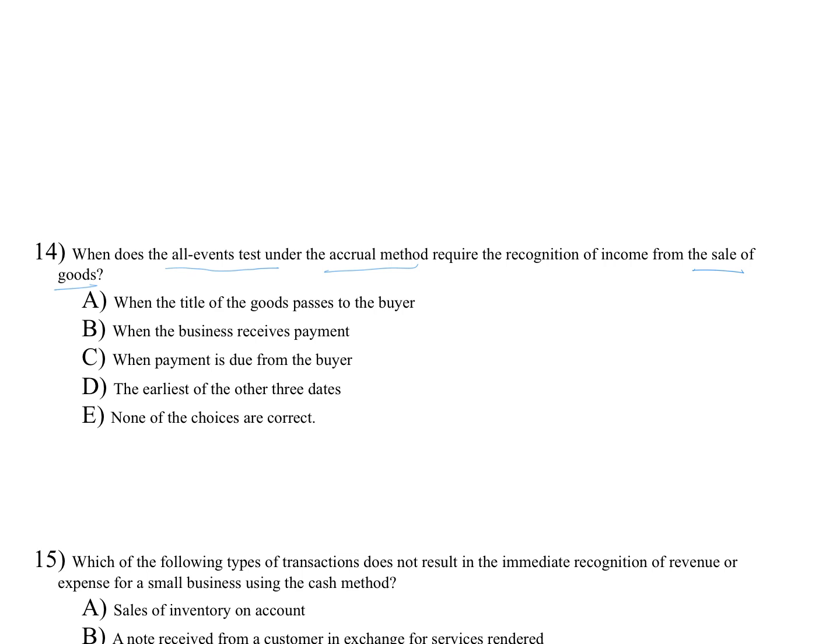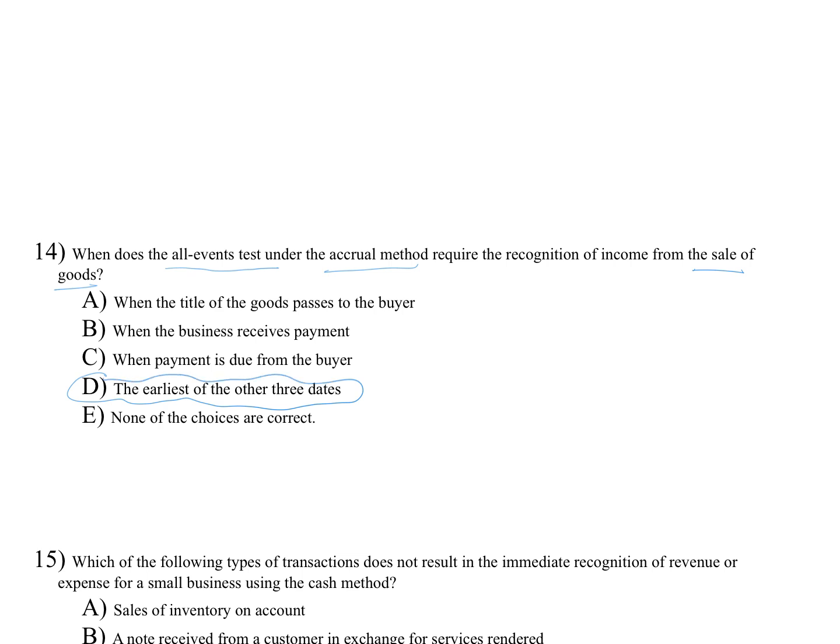So when do we have to recognize the income, right, for the sale of goods? When the title of the goods passes to the buyer, when the business receives the payment, or when the payment is due from the buyer, okay? And the answer is D, right? The earliest of those 3 dates.